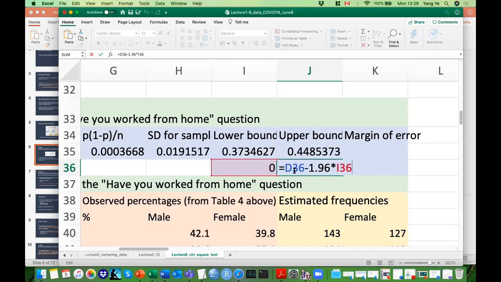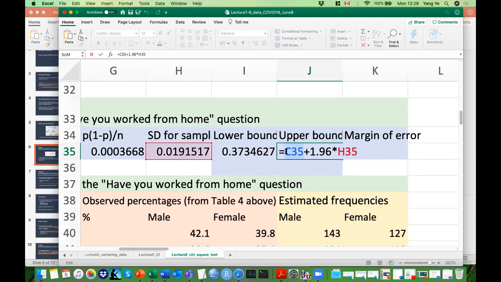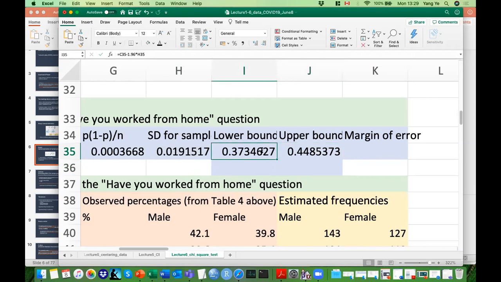But it doesn't work in the case above, right? In this case, we want to use the same C35, and we want to use the same H35 when we drag. So you can manually enter those two, but you can also use something called absolute indexing, something that I mentioned last time.